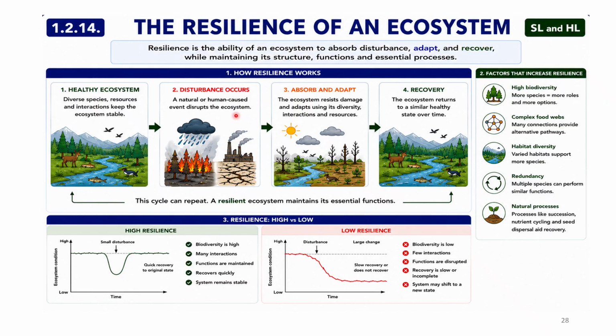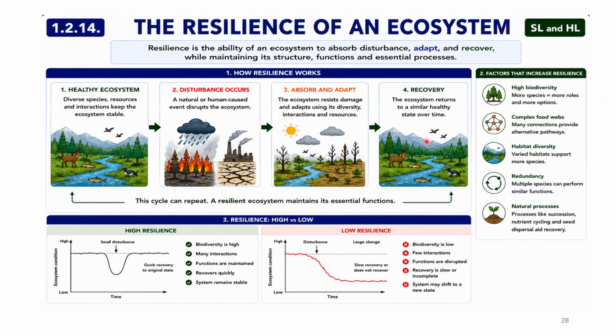When a disturbance such as a wildfire, drought, pollution event, or severe storm occurs, the ecosystem does not necessarily collapse. Instead, it uses its biodiversity, available resources, and ecological interactions to resist damage and adapt. Over time, ecological processes such as succession allow vegetation and wildlife to recover, restoring the ecosystem to a similar functional state.